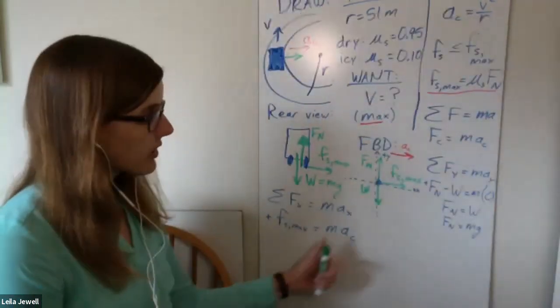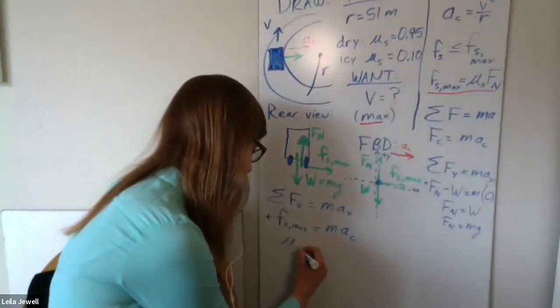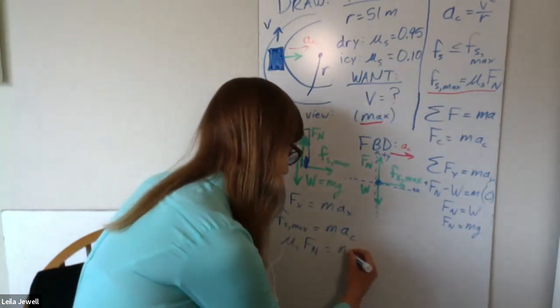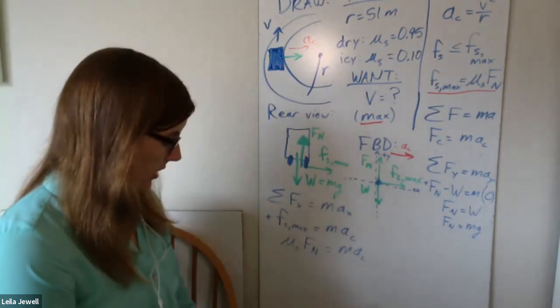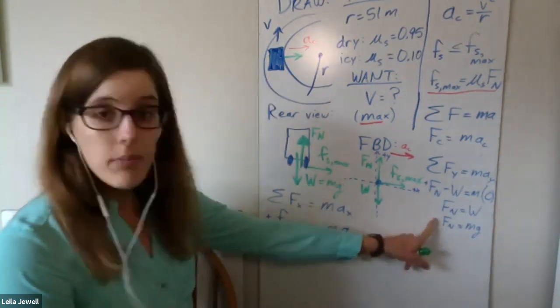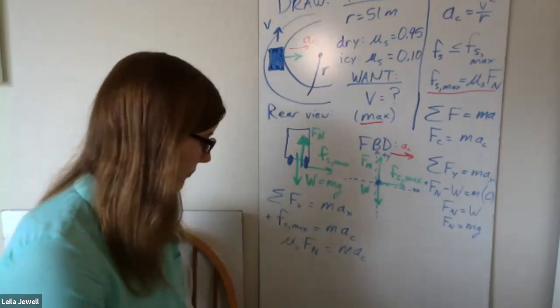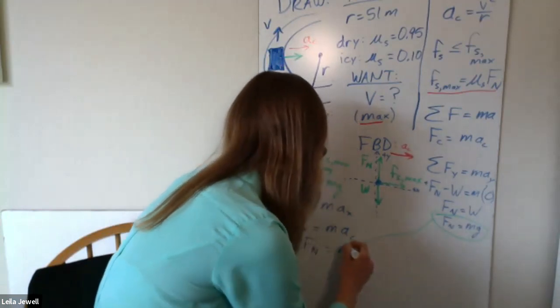So Fs max, we can plug in. It's going to be the coefficient of static friction times the normal force, which is equal to the mass times the centripetal acceleration. And note, we know the normal force because we already solved in the y direction. So we can plug in mg for the normal force because we already did that work.